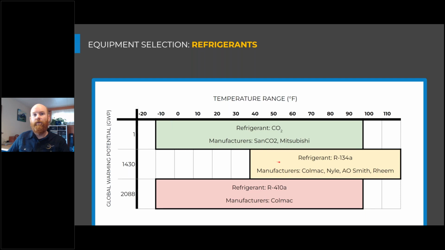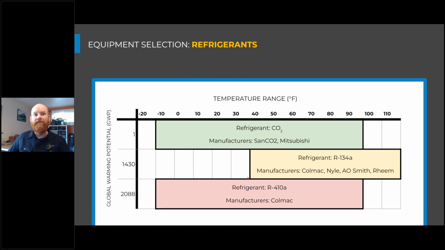If you're on the West Coast in a mild climate, maybe in California or parts of Seattle, R134A heat pump water heaters, there's numerous available that are commercially sized, and those are going to work at warmer temperatures. They're not going to operate below 40 degrees, putting heat into the system.